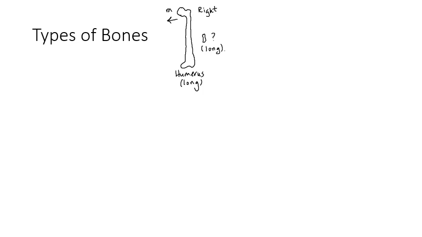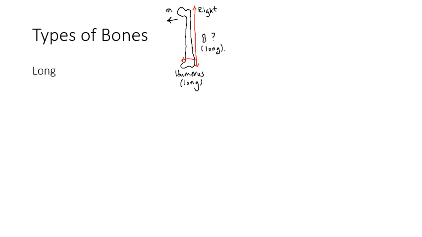So a long bone is defined by the length versus the width of the bone. So here our length, I'm going to try to draw this in, squeeze it in, doing a lot of squeezing, much more difficult than on a whiteboard. So our length is greater than the width, and that's what we use to define these particular bones.